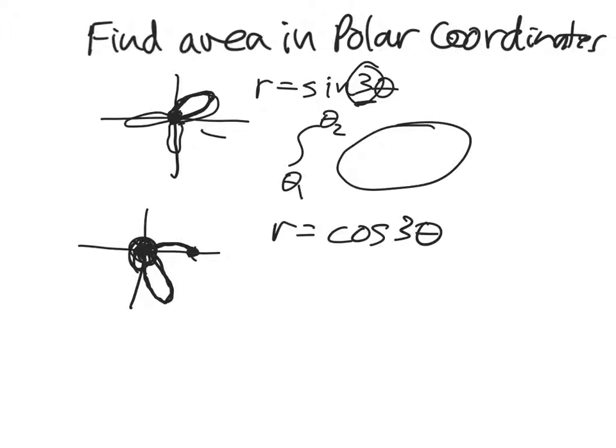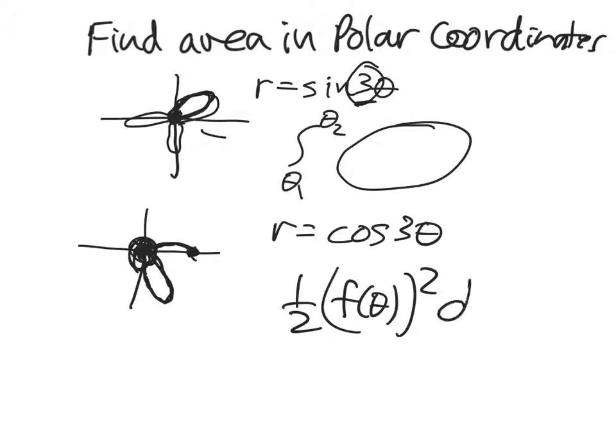Okay. That's how you're going to need to set up your polar coordinates. So a little different than the rectangular, a little more work to it. But that would give you the area of f of theta from one angle to the other angle.